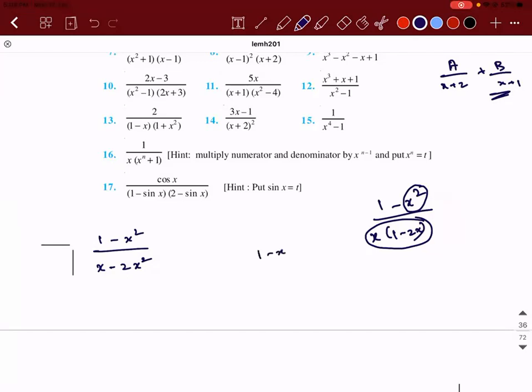You know how to divide it, but this will be a slightly tedious process. Usually it's only a single step. What we can actually do with respect to this problem is, since I have a constant, I will do it as 1 by x into (1 minus 2x).